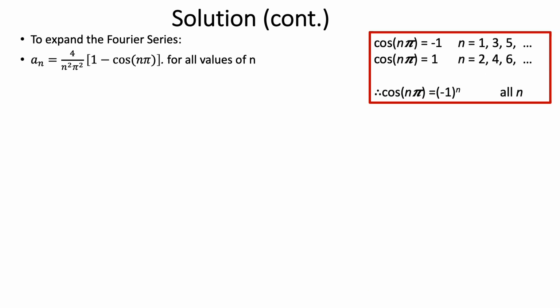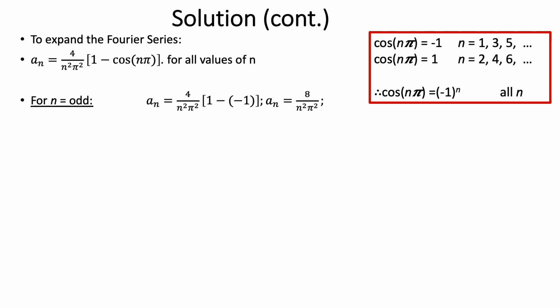To expand the Fourier series, An equal 4 over n square pi square times 1 minus cos n pi for all values of n, we refer to the red box on the slide shown here.